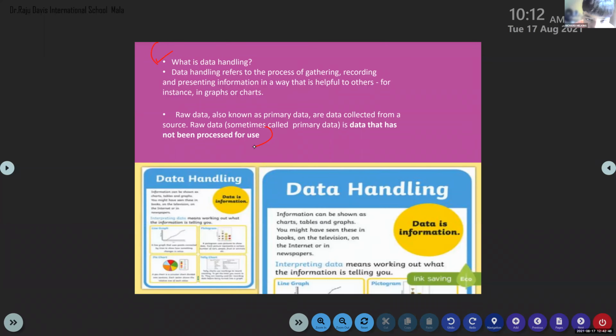Okay. See children, sometimes this raw data is also known as primary data. Some people say that raw data is also primary data. Clear children? Data collected from a source.